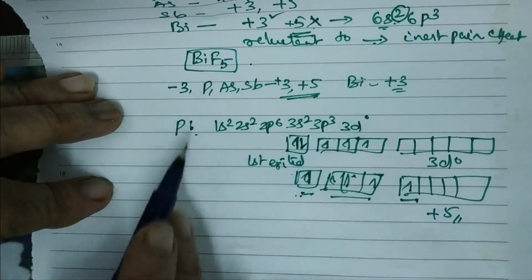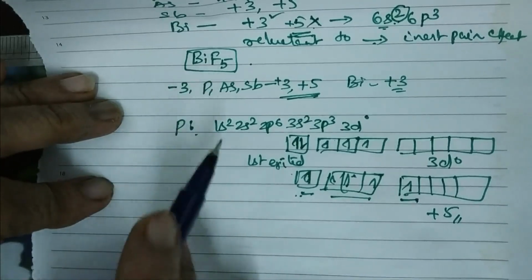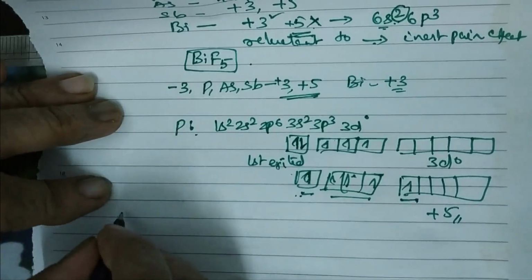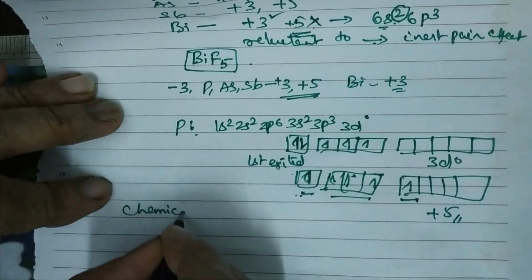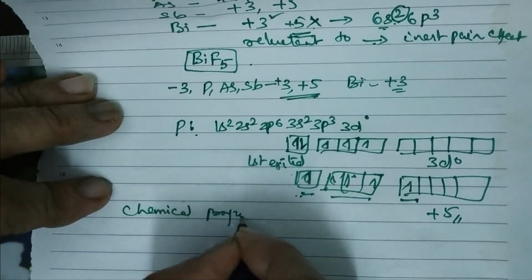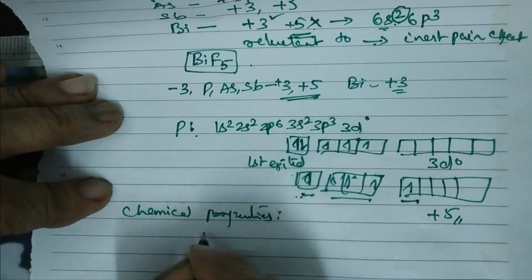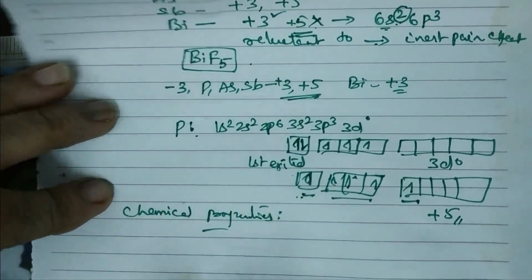That is about the oxidation states of the elements. The next topic is chemical properties. Chemical properties means how they react with other elements.